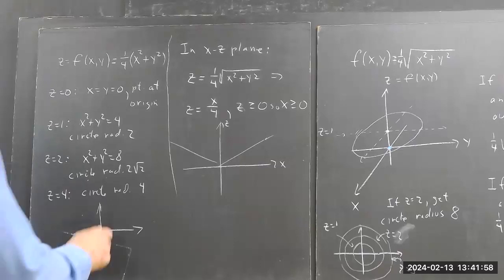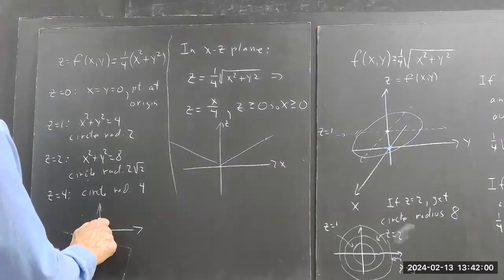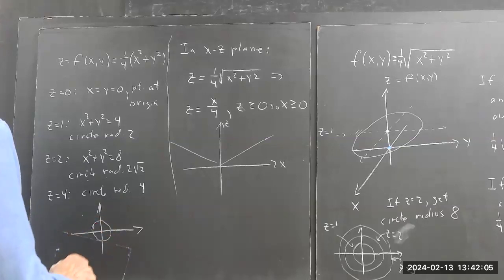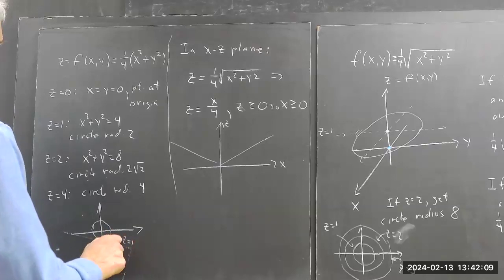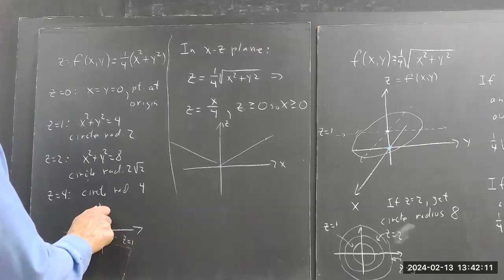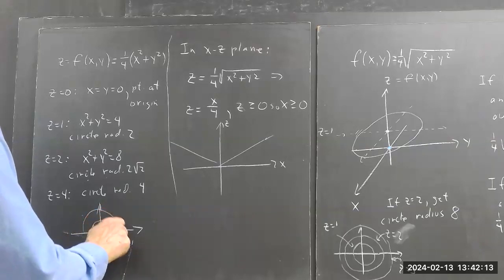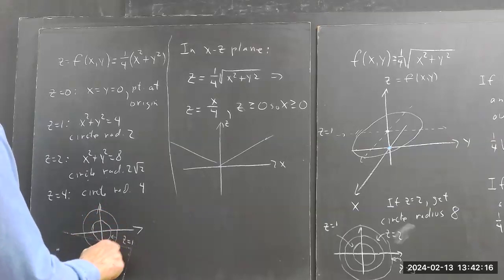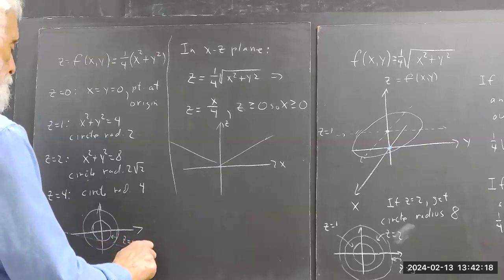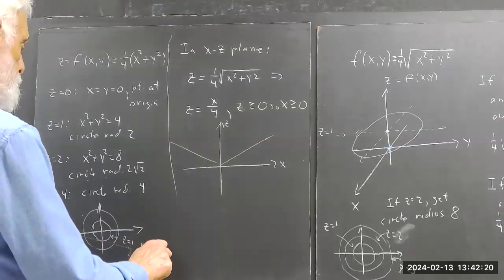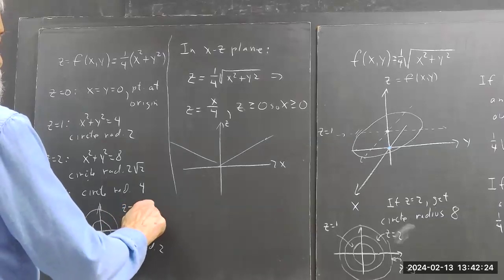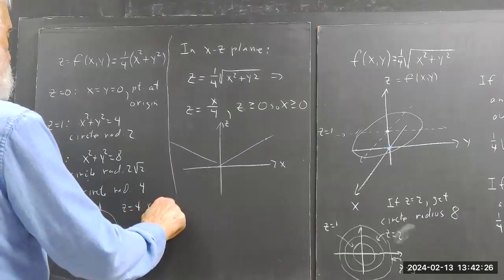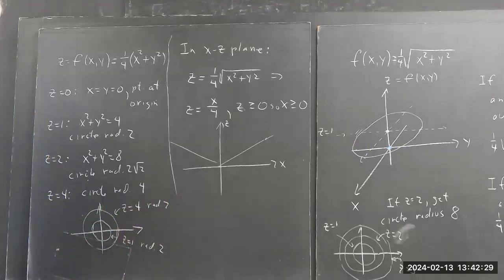Okay. So here is your z equals 1. And here it is, we're coming to z equals 2. So z equals 4 has a radius of 2.